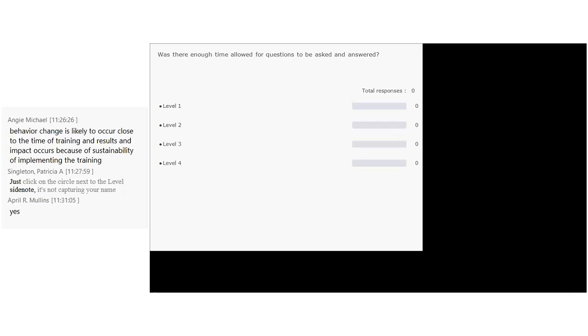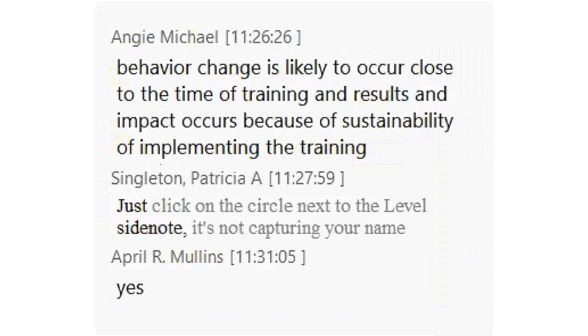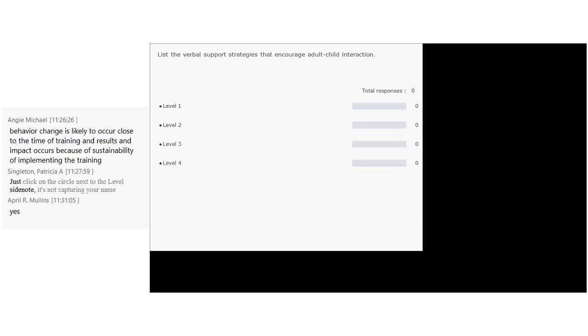Was there enough time allowed for questions to be asked and answered? Okay, everybody agrees that's level 1, and you are right. Opinion. List the verbal support strategies that encourage adult-child interaction.